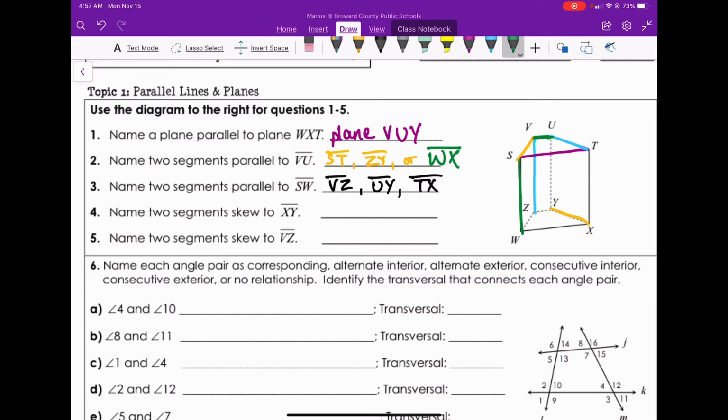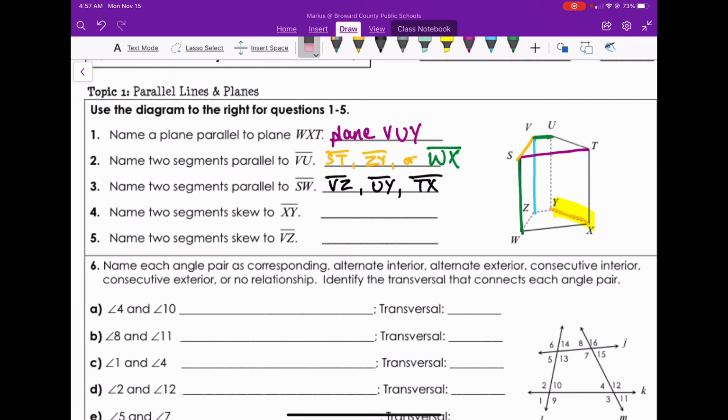So remember, the line that we're talking about is XY. So all of those other lines I highlighted are skew, which means they're going in a different direction but will never touch. And I made a mistake. One of the lines I highlighted, UT, is not skew to XY. UT is parallel to XY, so we can't use UT, okay, because it's traveling in the same direction.